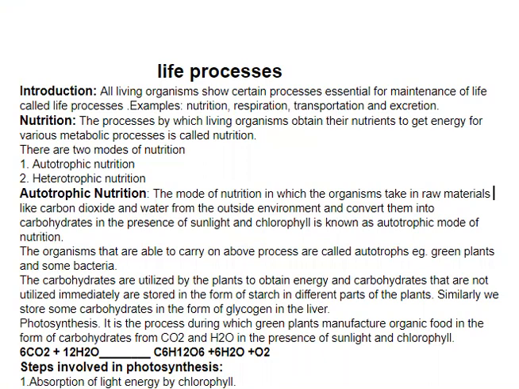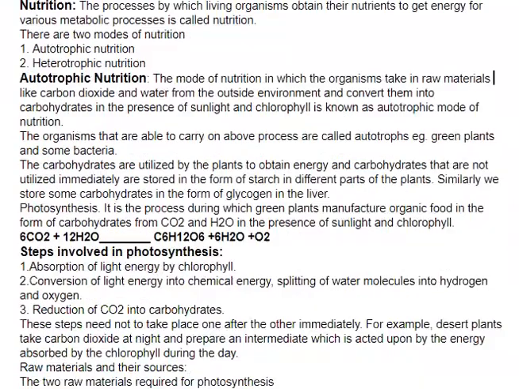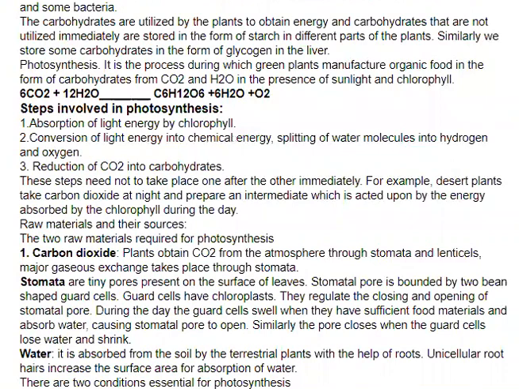So this equation you can see over here: 6 molecules of carbon dioxide and 12 molecules of water take part in photosynthesis in the presence of sunlight and chlorophyll. You will write sunlight and chlorophyll above the arrow.